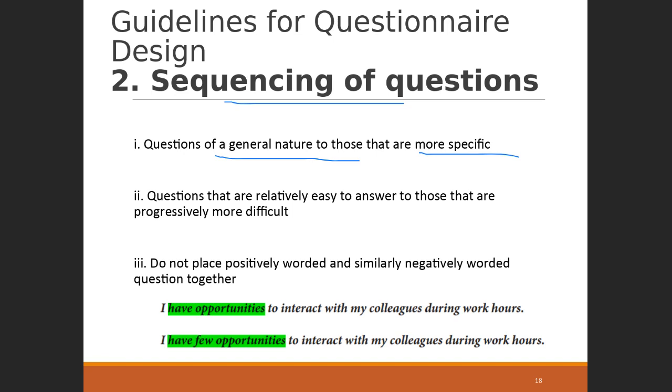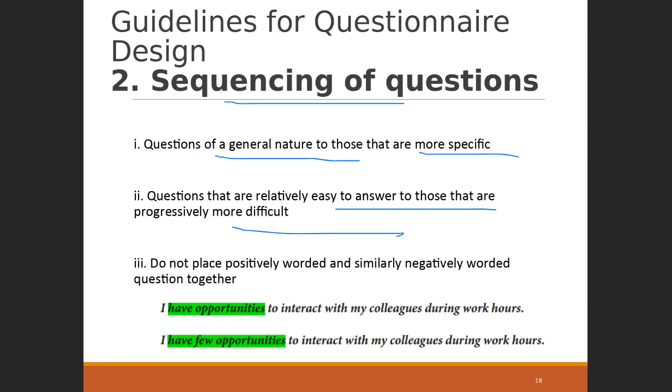Your sequencing of questions should follow the funneling approach. So this is all part of the funneling approach, that the questions which are more broad, more general in nature, should be asked before you ask specific questions. So you should be using the funneling approach in arranging the order of questions in your questionnaire.